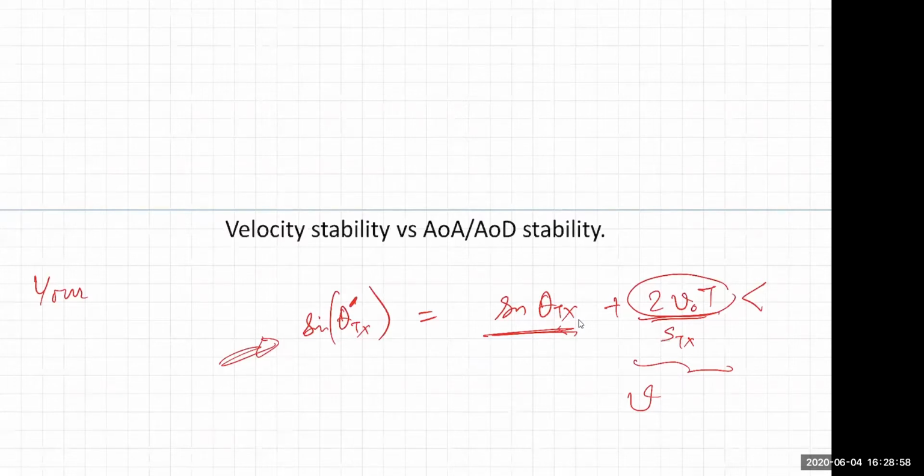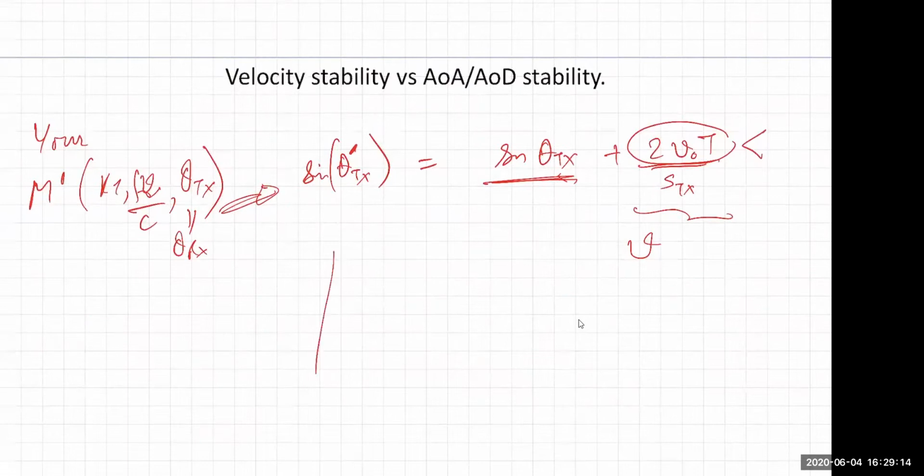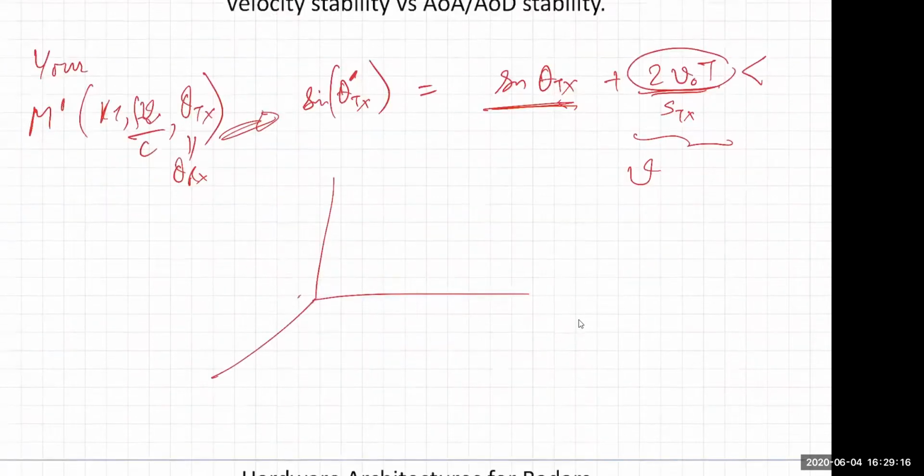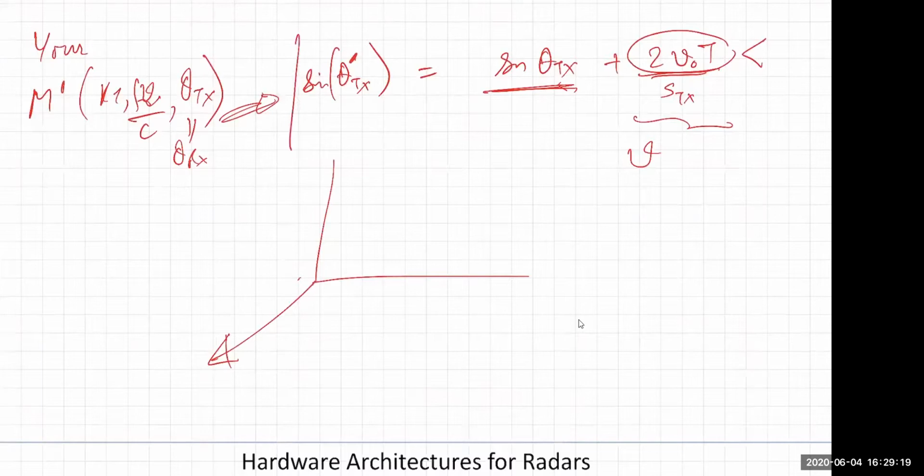So let's start with your M prime, K tau nu, F naught nu over C, and theta Tx, or rather Rx, both are one and the same in this case. Now, when you plot this in a 3-dimensional grid, this gives you the locus of all the solutions, correct? All the points which meet this feature will have an answer and will create strong energy.